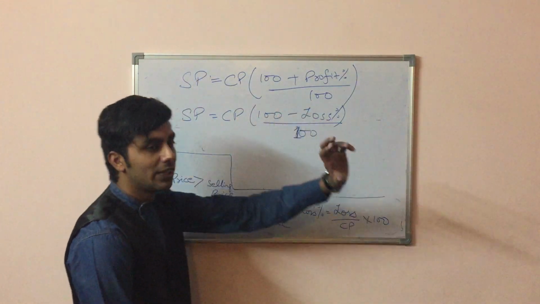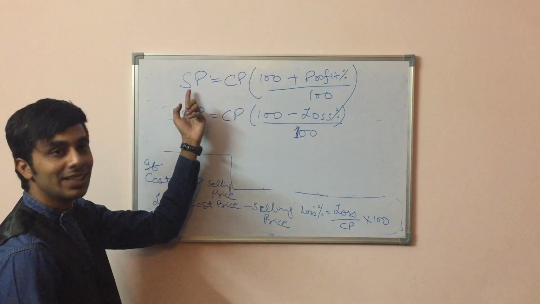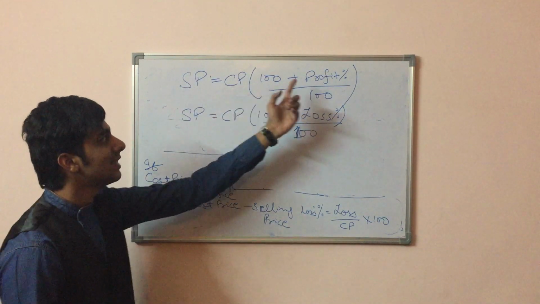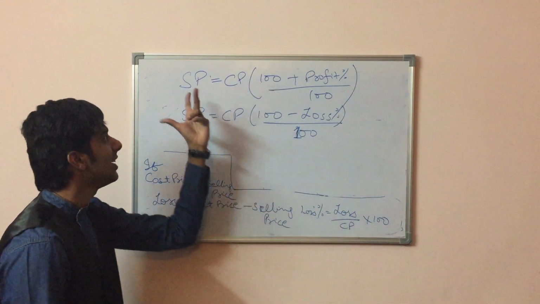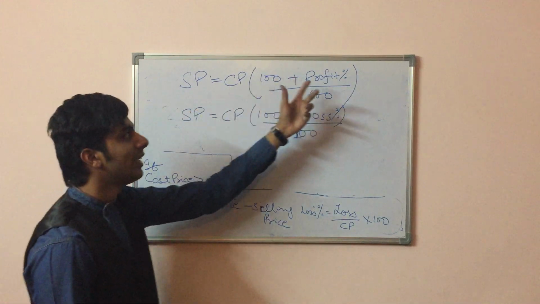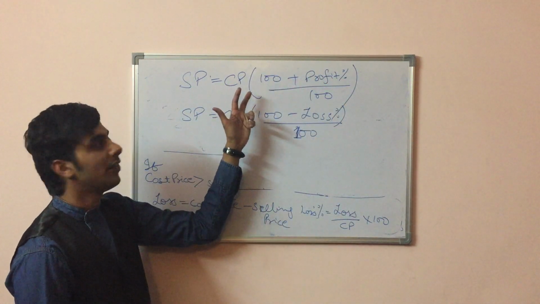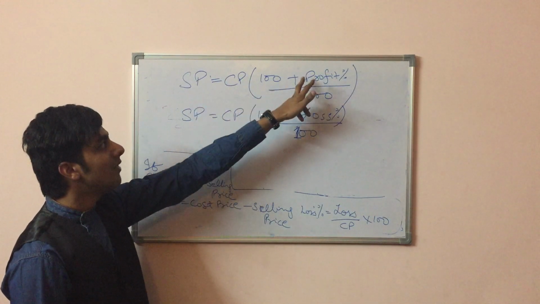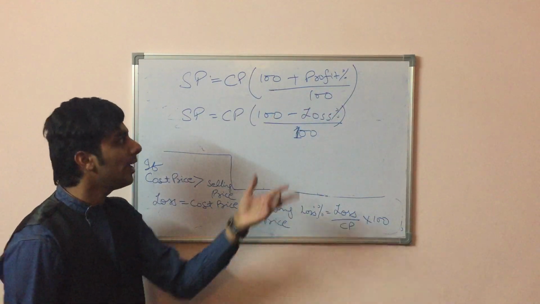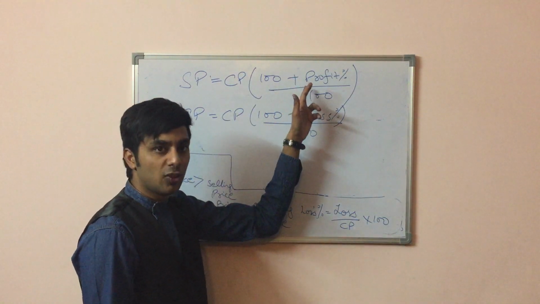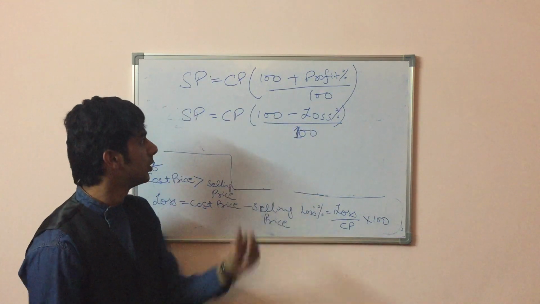Whenever this formula is used, suppose there are three things: selling price, cost price, and profit percent. If any two things are given to you, say selling price and cost price, you can take out the third thing. Or suppose if profit percent and cost price is given, you can calculate selling price. Why are we putting plus and minus over here? For profit percent, there is an increase in the value, so we are using the sign of plus, and otherwise we are using it as minus, right?